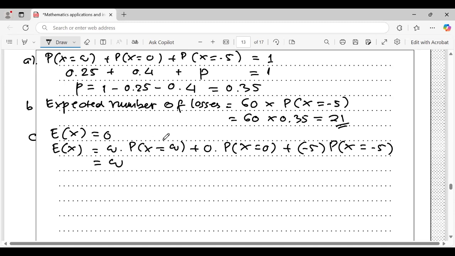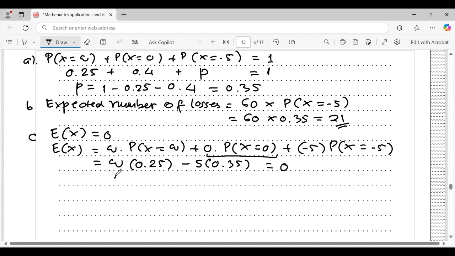This probability is 0.25, and it is minus 5 times 0.35, and this should be 0.